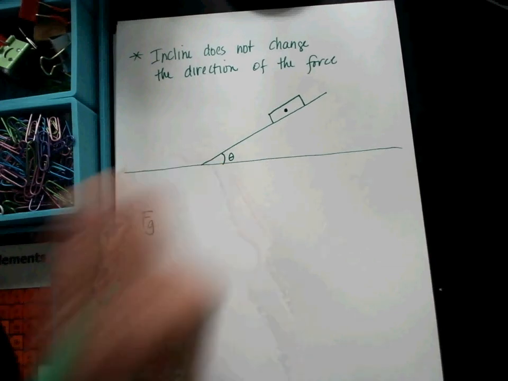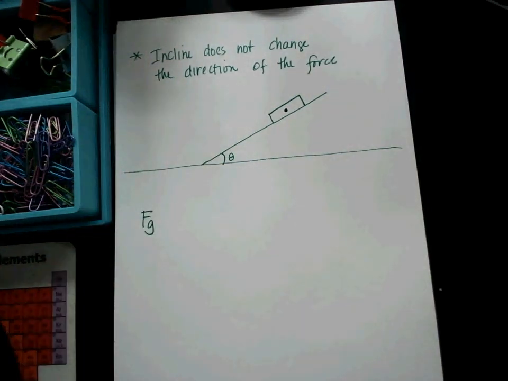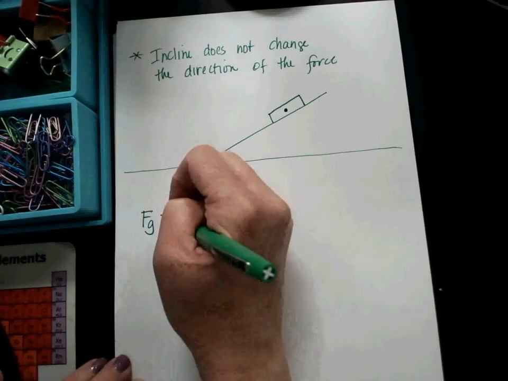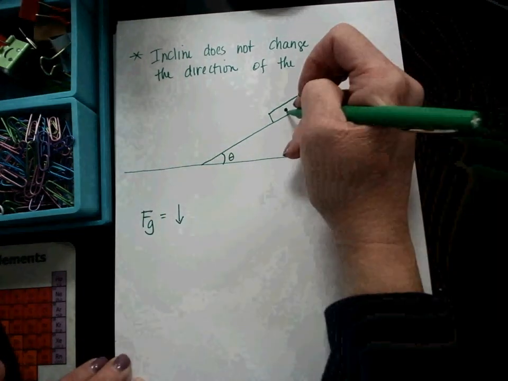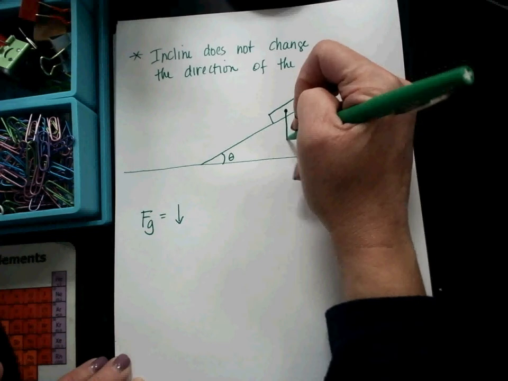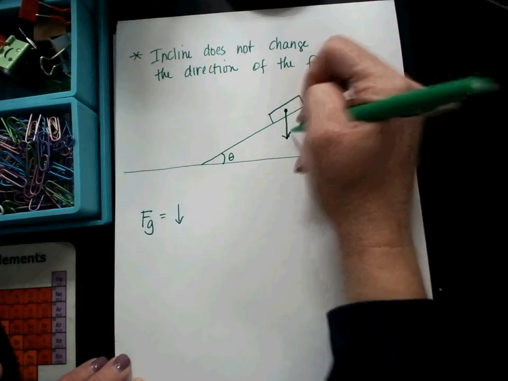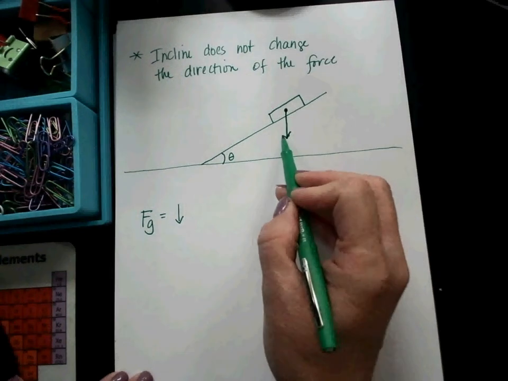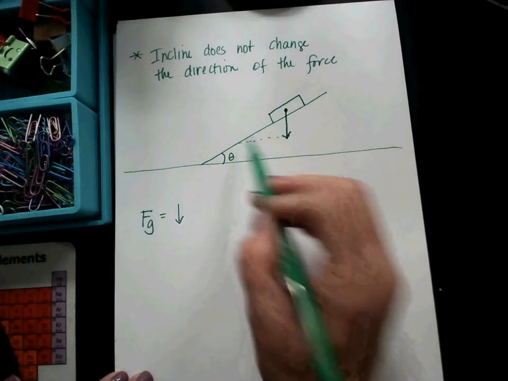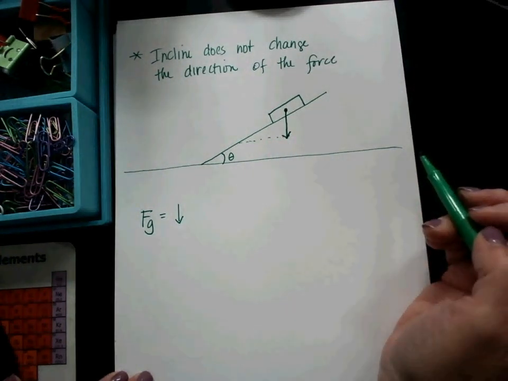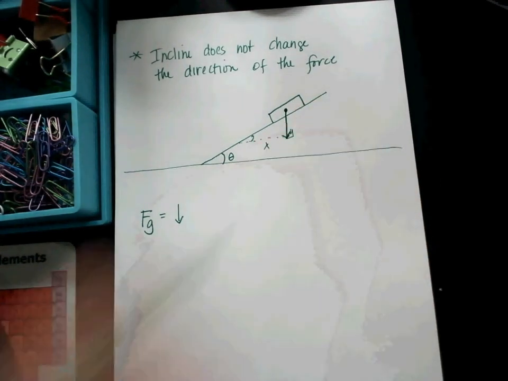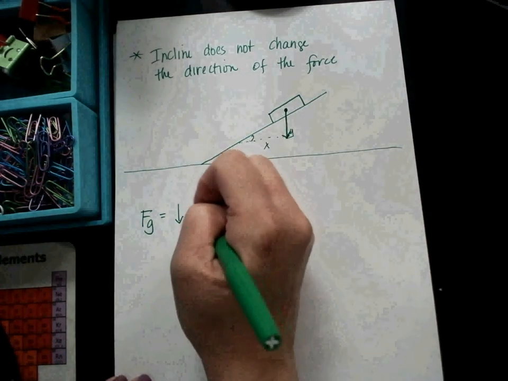So let's do our FG first. What's the direction of gravity? Yes, down. So I'm going to draw it straight down. The force is down, but it's part of a triangle, right? When I look at it compared to the surface. So I still have an X and a Y component and an angle.